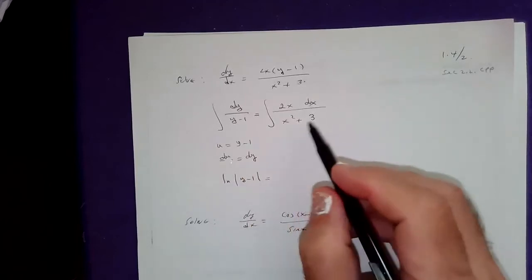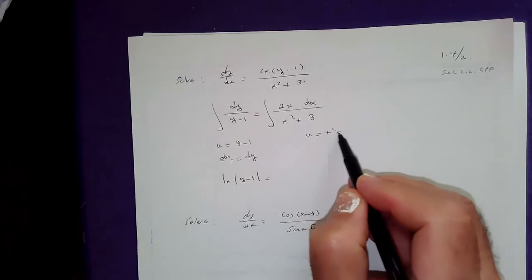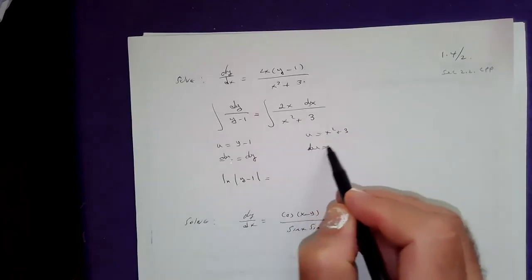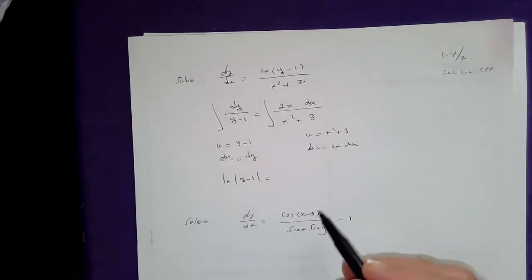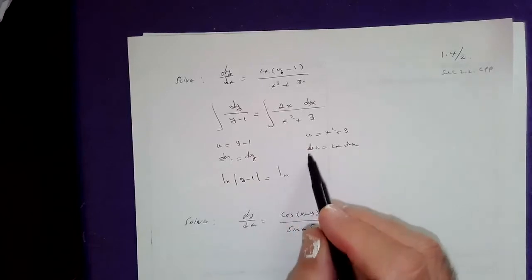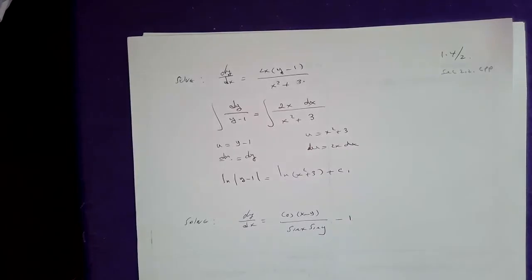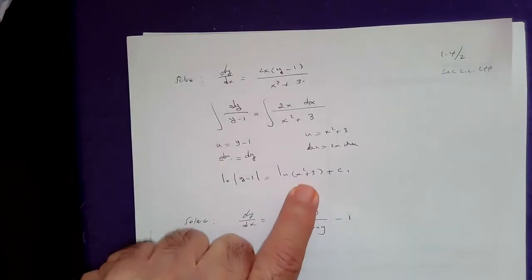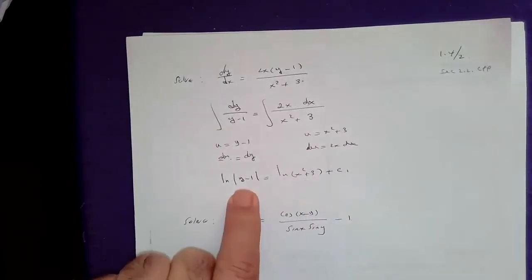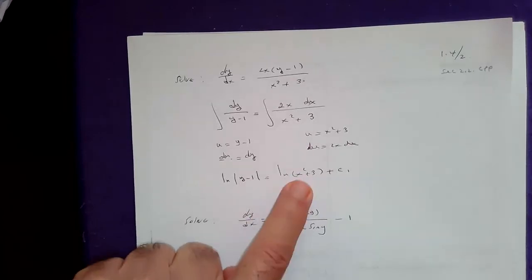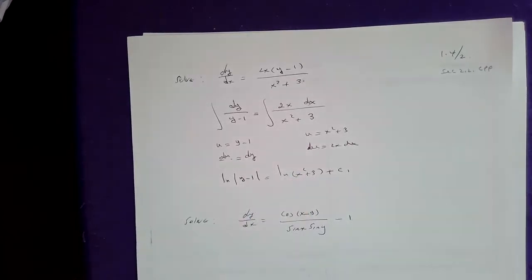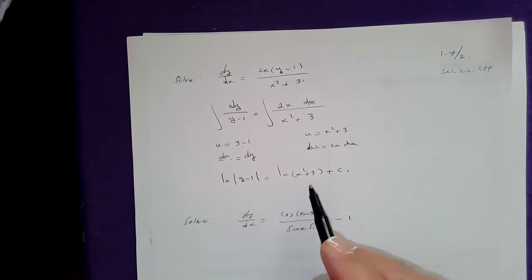And the right side, u is x squared plus 3, du is 2x dx, which you have on top. So the right side is natural log of x squared plus 3 plus c1. Notice I did not put the x squared plus 3 inside the absolute value bars because it's a positive quantity. So the question is, is there any way we can what?